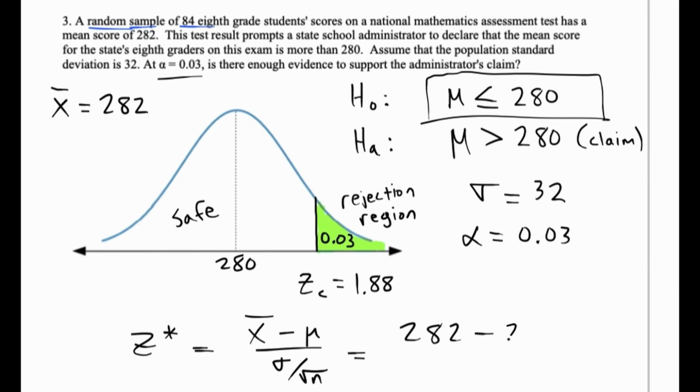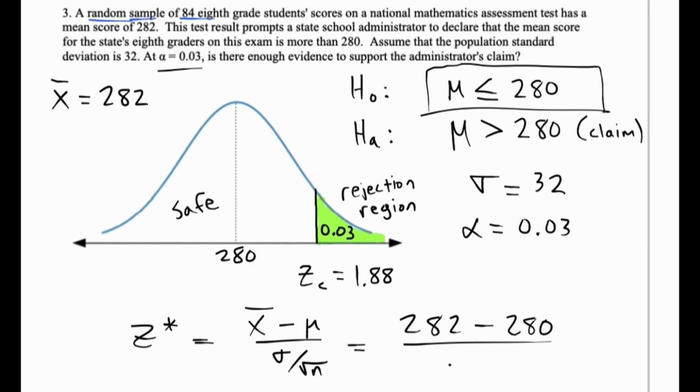So we're going to let 280 be the mean for now, see how the test comes out. Alright, so we're going to put in a standard deviation, which is given to be 32. We'll divide by the square root of n. N was 84 students.